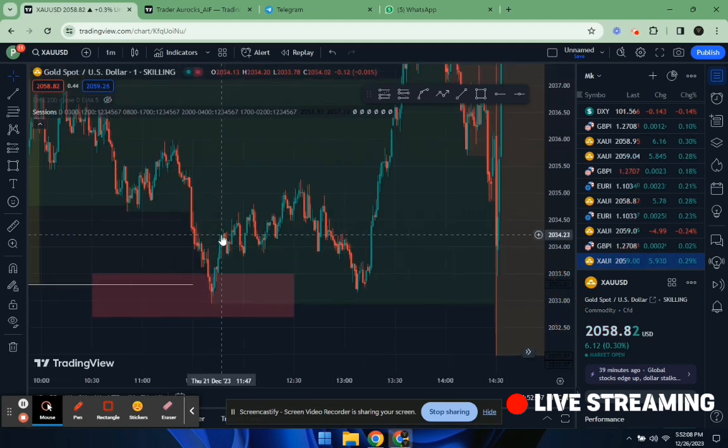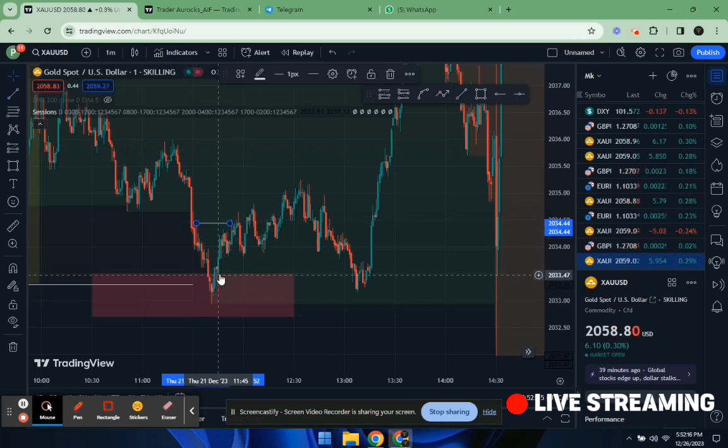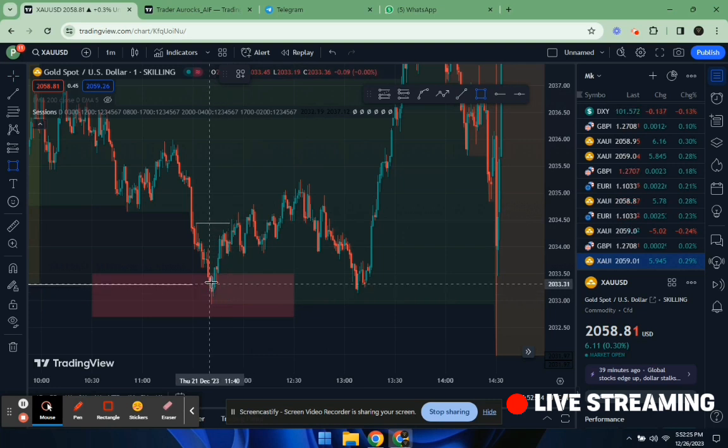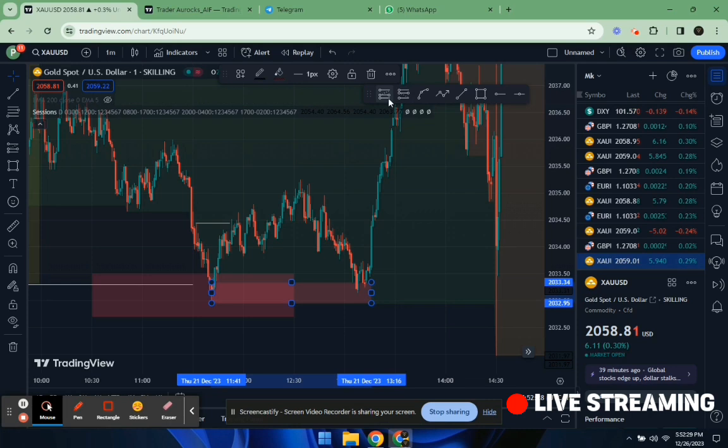Of course, this is our pullback of fractal high. Just wait for some bullish momentum. We saw all of this over here, and then as price is coming back to retest your order block, just enter your trade. And obviously I took this trade.